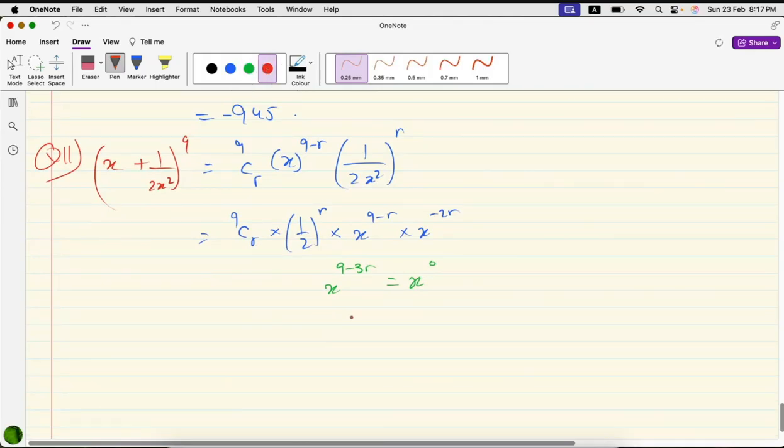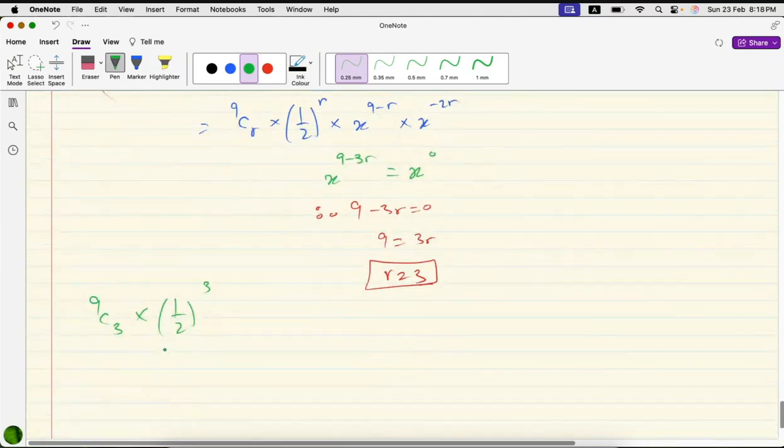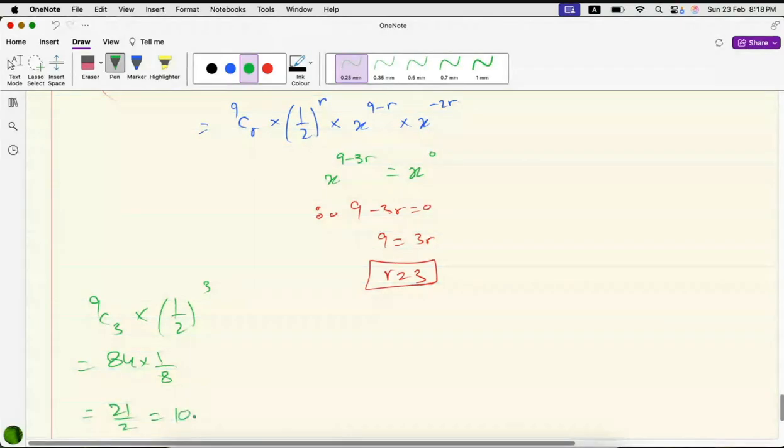Therefore 9 minus 3r equals 0, 9 is equal to 3r, and r is equal to 3. So the term independent of x is 9C3 into 1 over 2 raised to power 3. 9C3 is 84 into 1 by 8, which is 10.5.